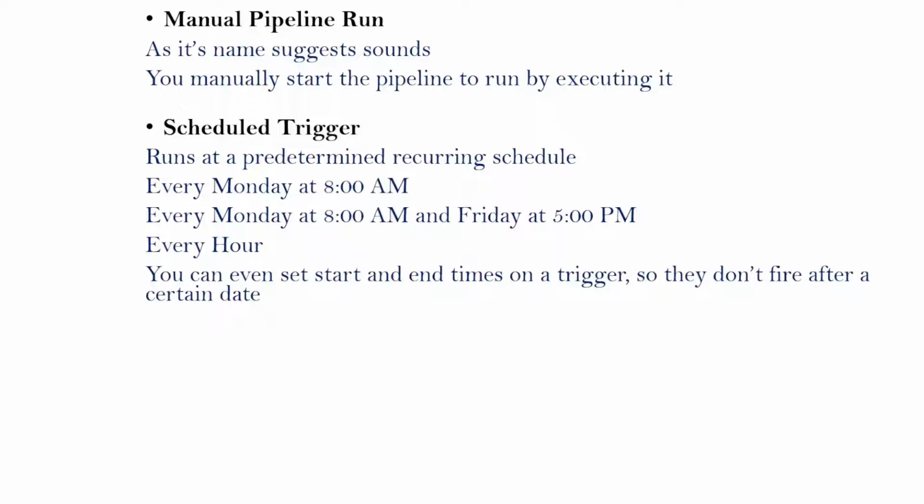Based on that, we can make the process run for some time. Or let's take an example like every Monday at 8 a.m., if our data is heavily loaded, and also Friday at 5 p.m., because I am running an organization with a 5-day working week. Till Friday 5 all the tasks are completed, so I'll trigger there.